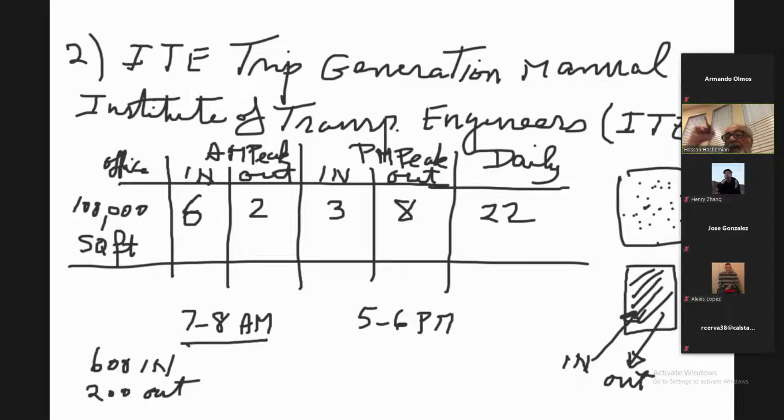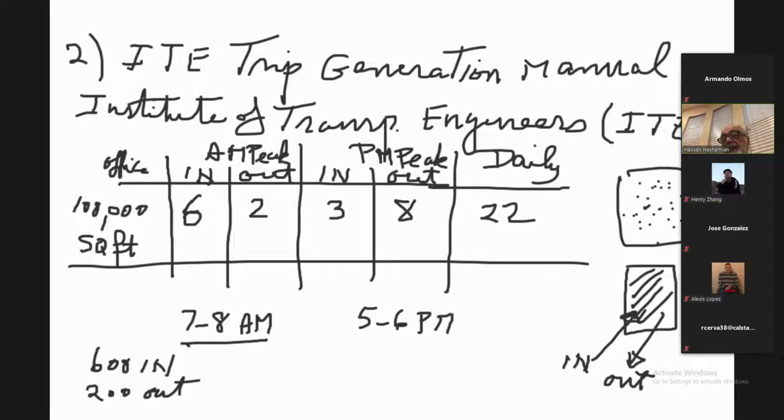They have different types of restaurant, fast food restaurant, and sit-down restaurant. And then they have different sizes. So you can find the trip generation rate for each of those. For instance, fast food restaurants such as McDonald's, Burger King, and so on. They have a trip generation rate that you can use to figure out how many trips are going in and out.